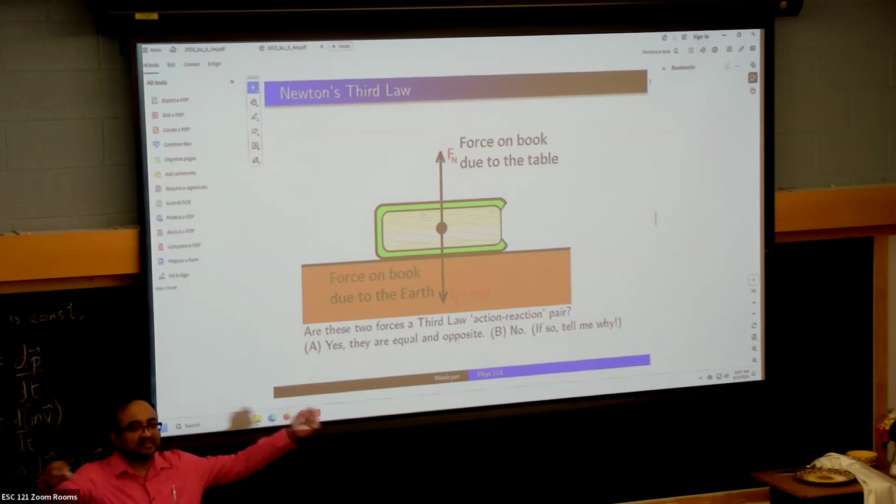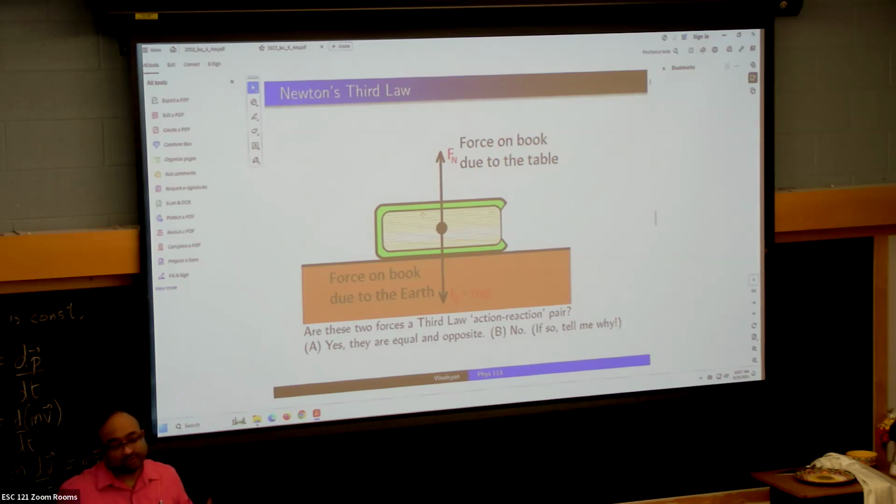All right. Ready? Tell me what you think. Okay. There are only two choices, A and B, and there's a split. Go ahead and discuss.